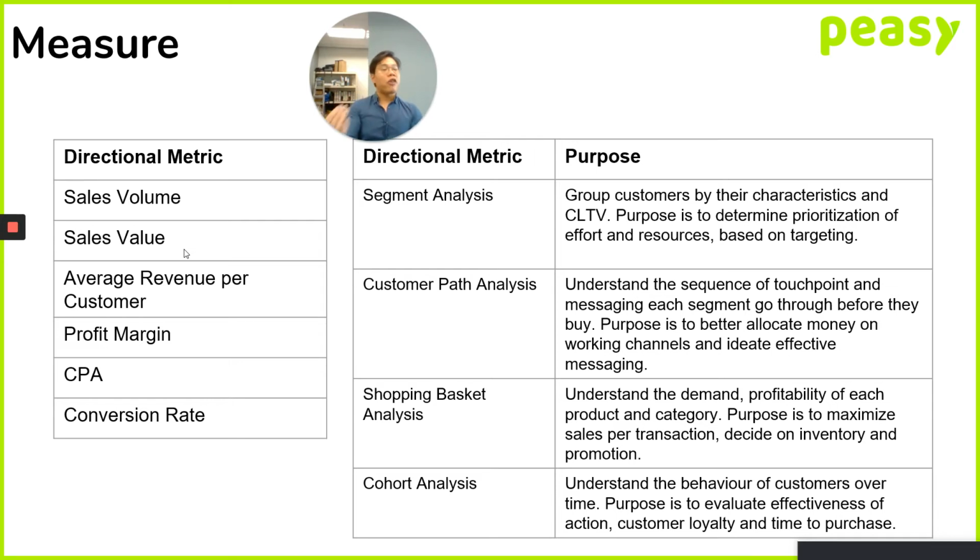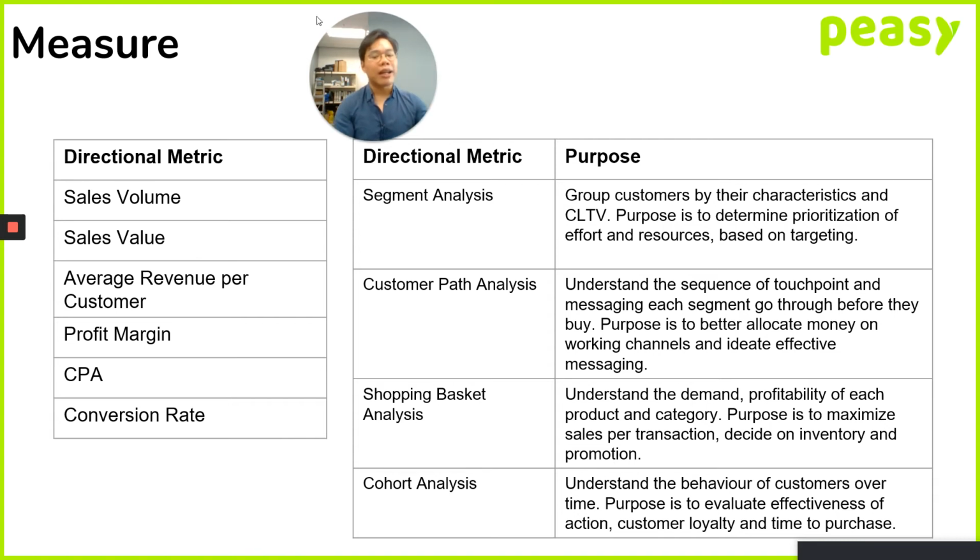Okay, profit margin. Oh, we have 40% profit margin. CPA, every sale we pay $5. Okay, and conversion rate. Out of 1 million people who came to our website, 30% of them buy. Conversion rate. But again, directional metrics only tell you if you're heading in the right direction. It doesn't tell you what is causing this direction to go up or down.